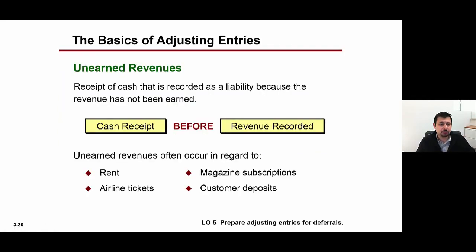Unearned revenues are the other side of the story. This is the other side of deferrals. This is when the company receives cash before they provide the service or make a sale. In other words, they receive the cash before they earn the revenue, before they record the revenue.